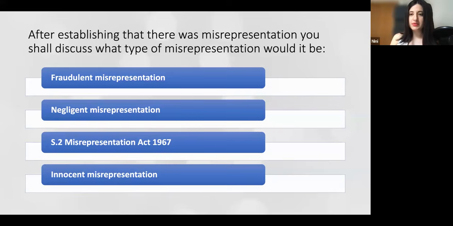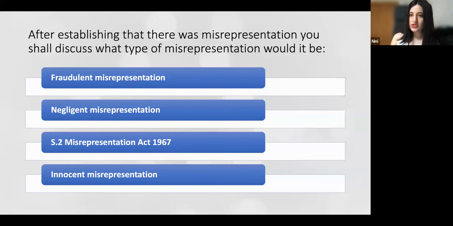There are 4 types of misrepresentation. There is fraudulent, negligent, the statutory one, and innocent misrepresentation. Negligent misstatement is the Hedley Byrne principle. That's common law negligent misrepresentation, and there is also the statutory one under Section 2 of the Misrepresentation Act 1967.